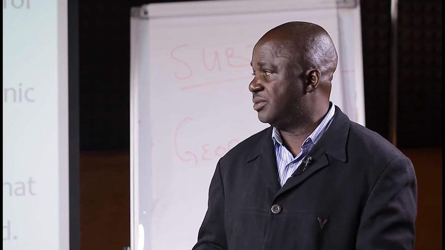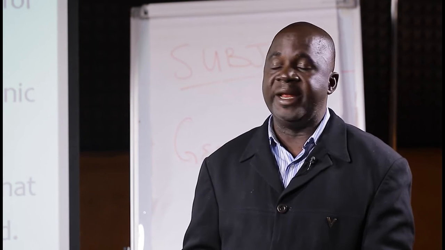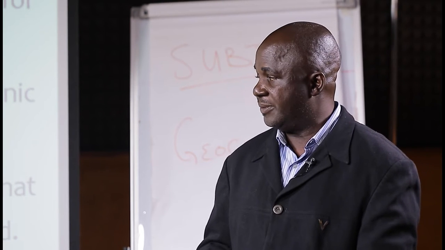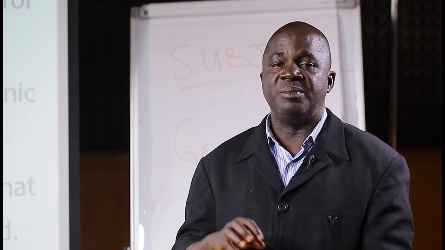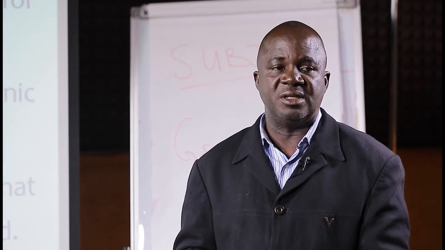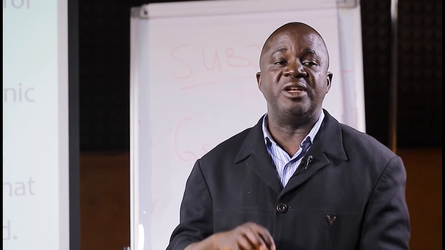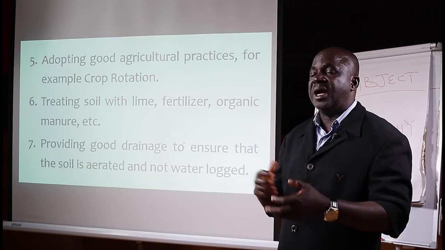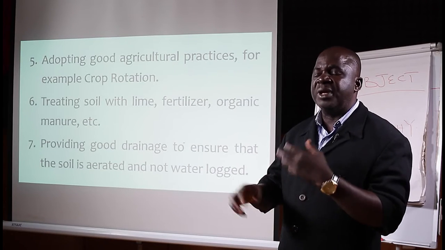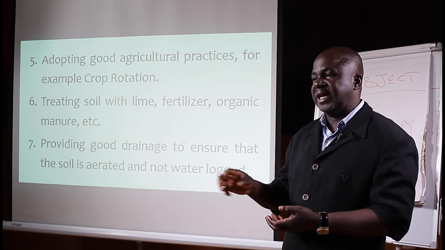When that is done, it helps in conserving our soil. Number 7, providing good drainage to ensure that the soil is aerated and not waterlogged. The moment there is waterlogging on a particular soil, it may not give you the maximum use of this soil.